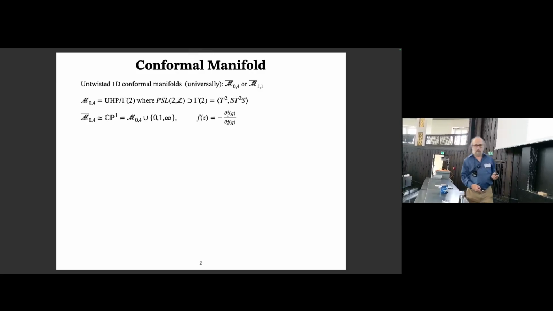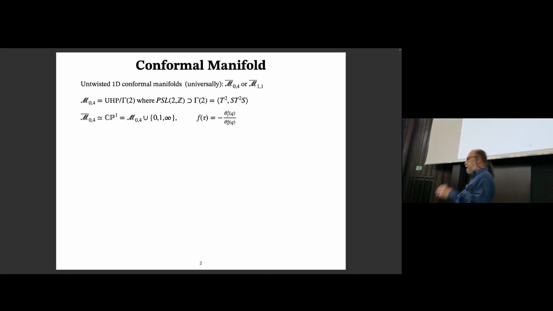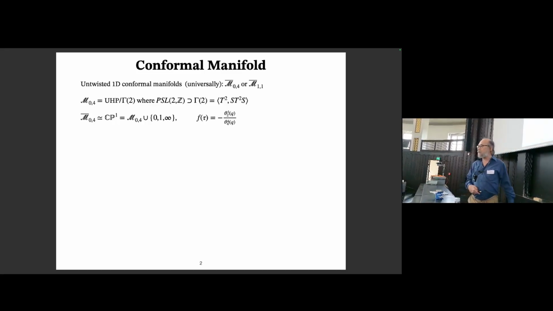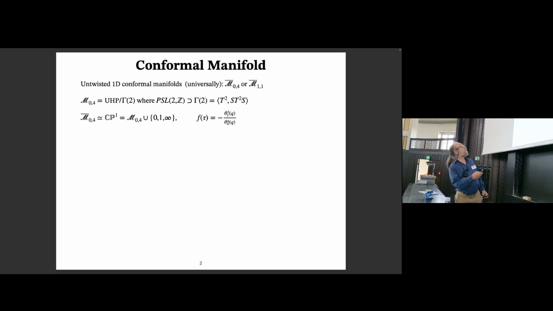So let's first talk about the untwisted case. The simplest thing you can do is think about a one complex dimensional conformal manifold. So there are 2 cases, either the 4-punctured sphere or the once punctured torus.